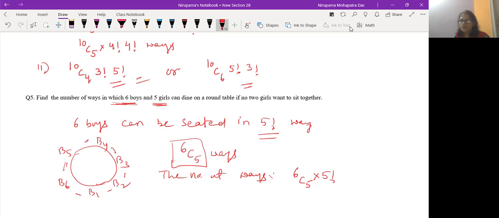These 5 girls can be seated in 5 places in factorial 5 ways.